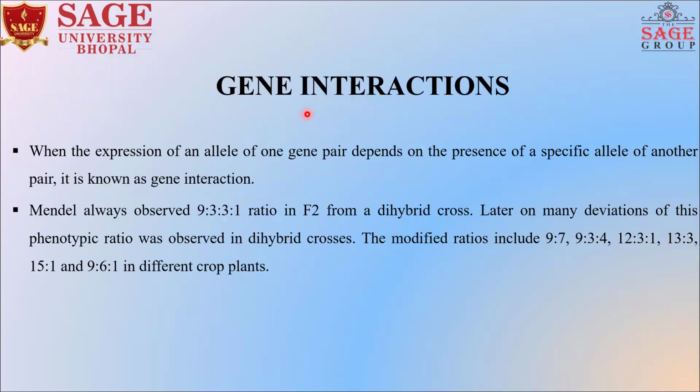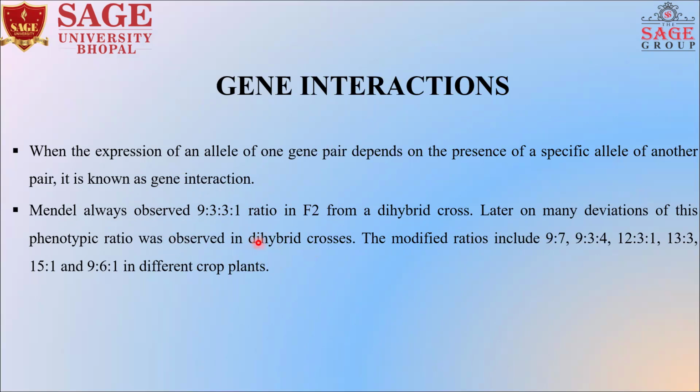Next is gene interaction. We all know that genes interact with each other. According to Mendel, the ratio observed in a dihybrid cross is 9:3:3:1. But there may be chances of deviation in that dihybrid cross, maybe due to mutation, polyploidy, or environmental conditions.